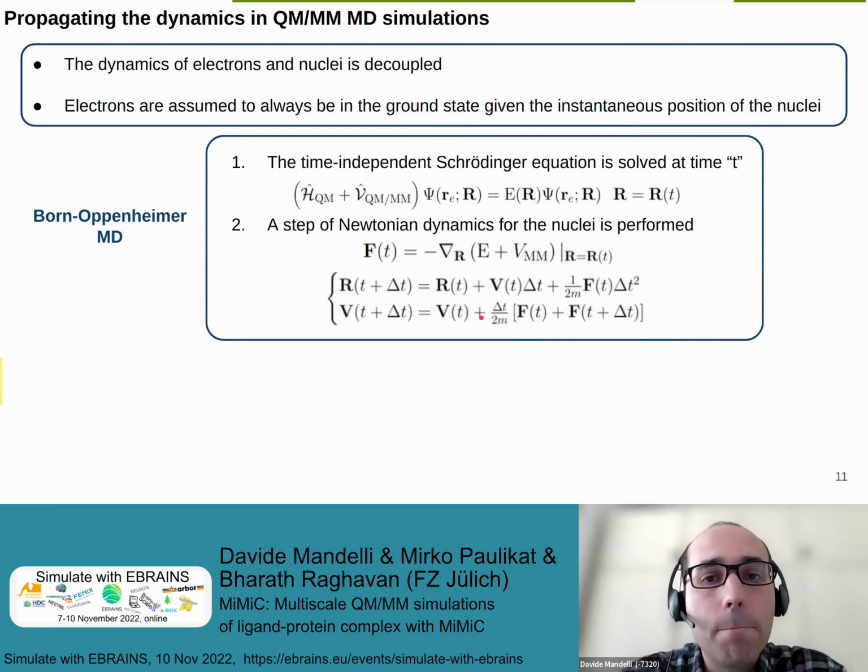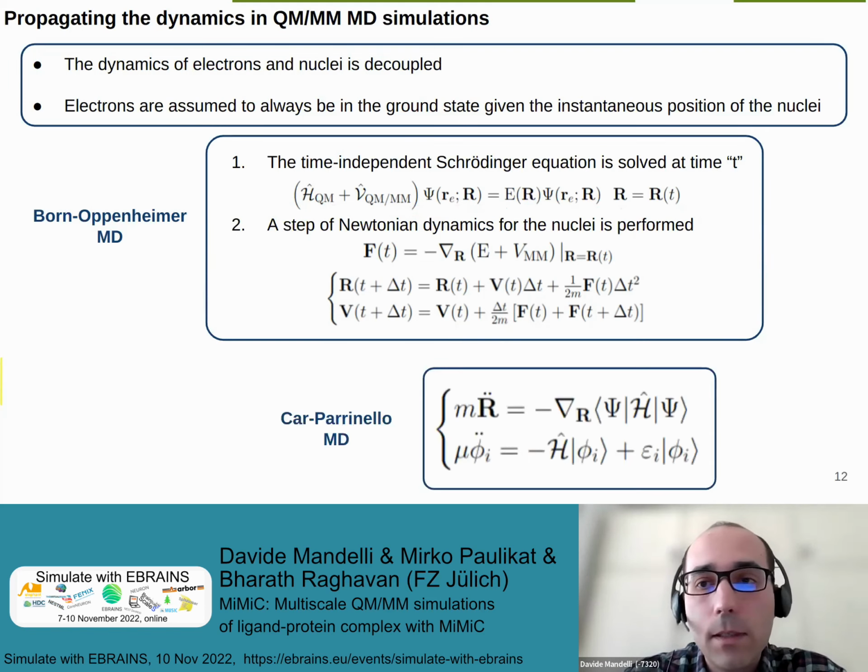Now, the one drawback of this Born-Oppenheimer approach is that at each time step, given the nuclei positions, one has to solve the Schrödinger equation. And for a large system, this can be quite expensive. An alternative approach to Born-Oppenheimer molecular dynamics is the so-called Car-Parrinello molecular dynamics. That is the one that you will be using in the tutorial.